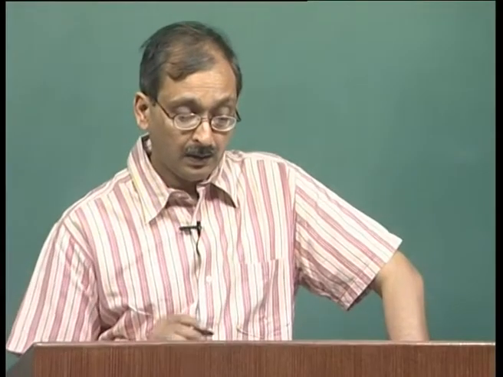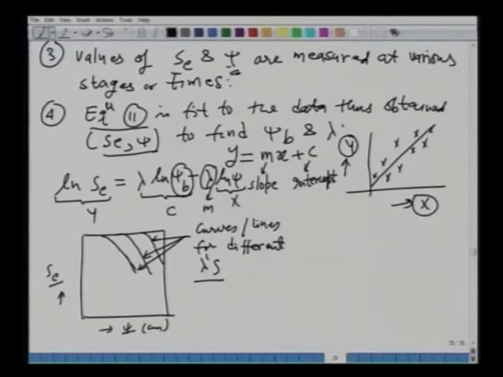Once we have that, we can use this relationship in the Green-Ampt equation as a function of theta. During a rainfall event, as the time elapses, the soil moisture content changes in the soil, and we can use the modified values of S E and psi. So, this was about the psi.